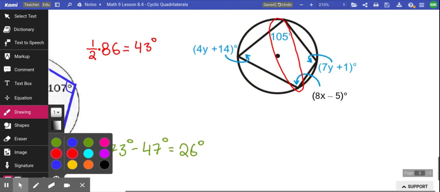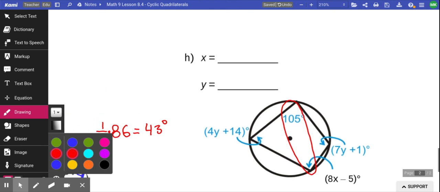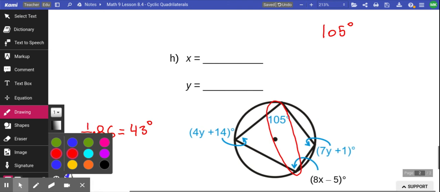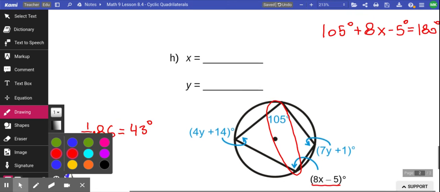That means if I took 105 degrees and added the opposite angle, which in this case is 8x minus 5, that should equal 180 degrees. Right? That's our opposite angle rule. When we have those opposite angles, we can add them together to equal 180.